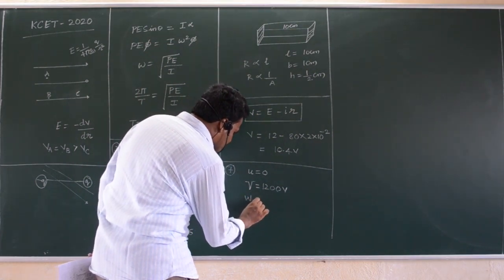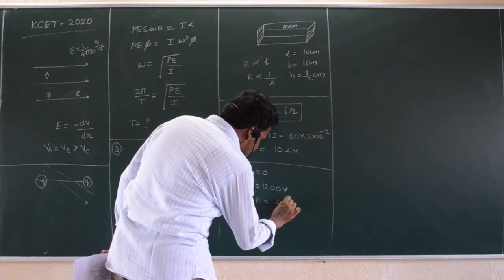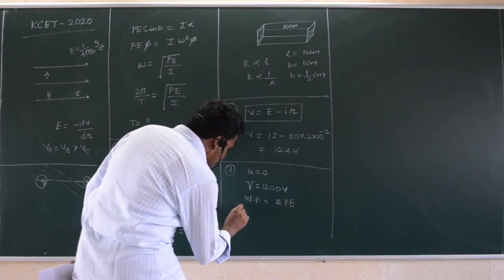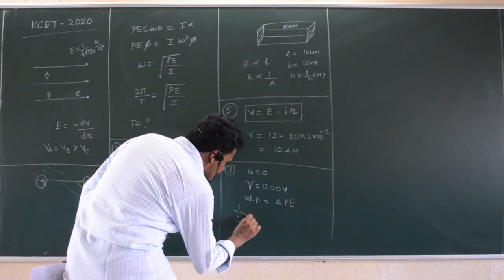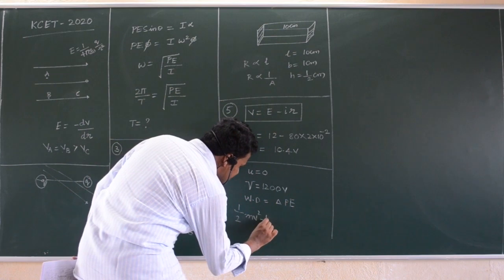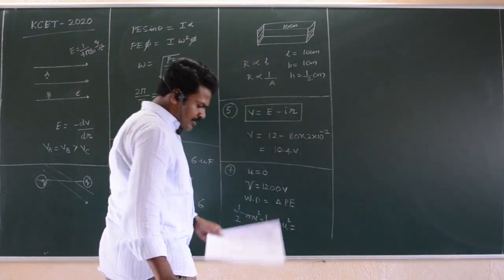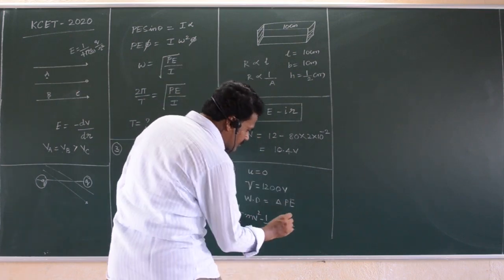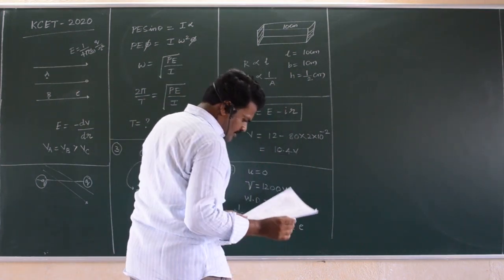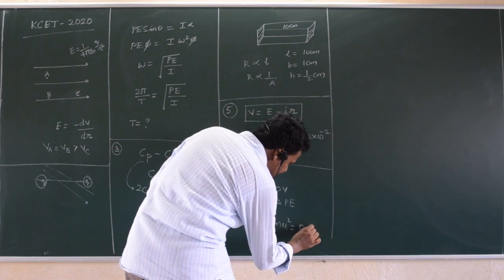Work done is equal to change in energy. Work done is half mv square minus half mu square, which is equal to the potential energy, charge of electron e into potential difference 1200.